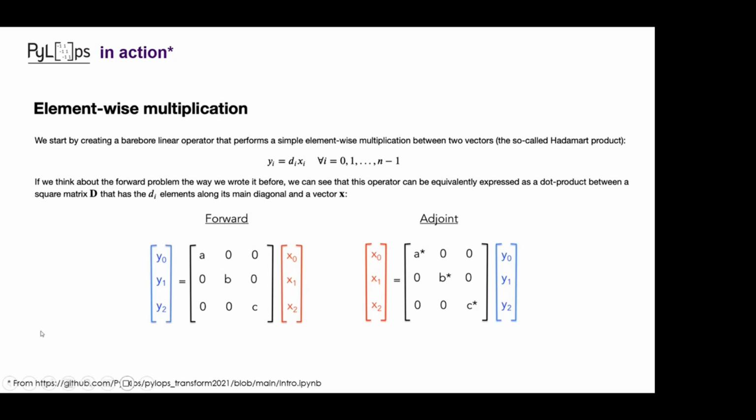Instead, it is much easier to wrap this into a function, as I mentioned previously, and just apply element-wise multiplication, which will be only n operations. The second thing you can see is that I said you don't need only a function that applies the matrix multiplication, but also one that applies the adjoint.